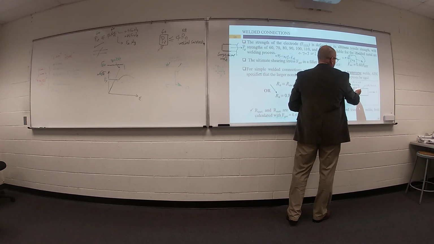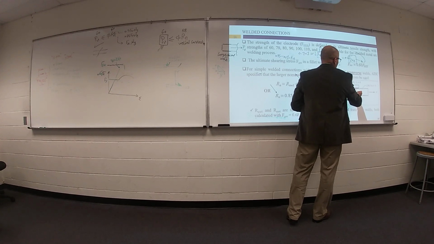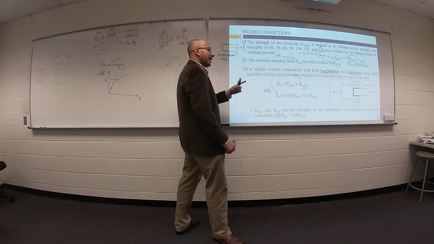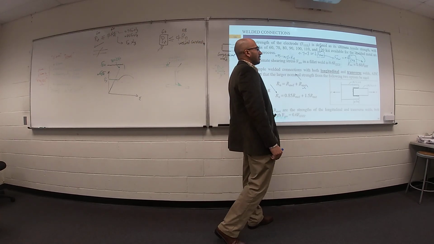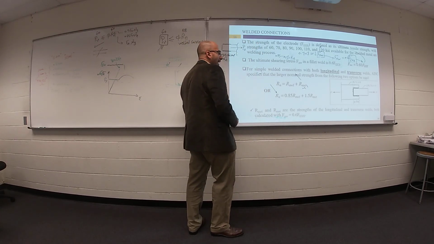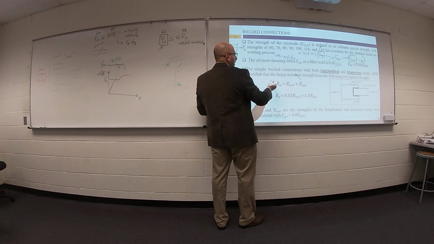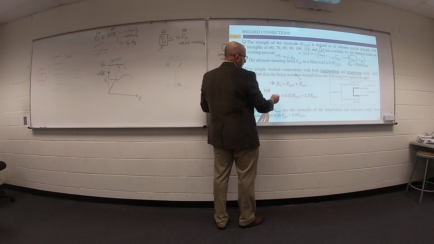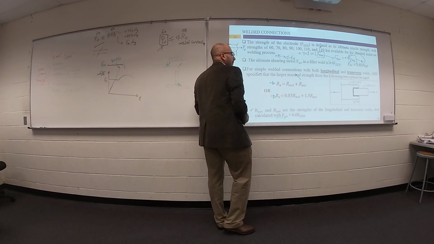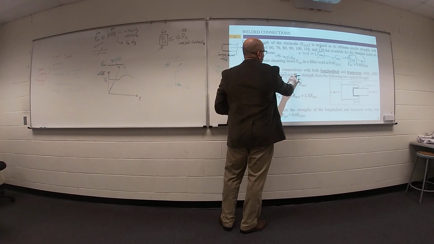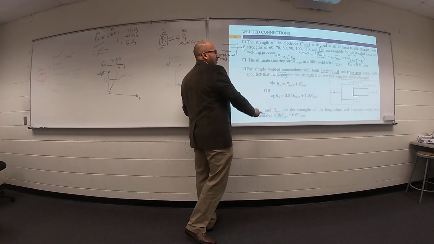And the transverse direction is perpendicular to the load. So right now we have longitudinal and transverse. Then go ahead and use this equation or this equation. I will use the larger value between this equation and this equation.